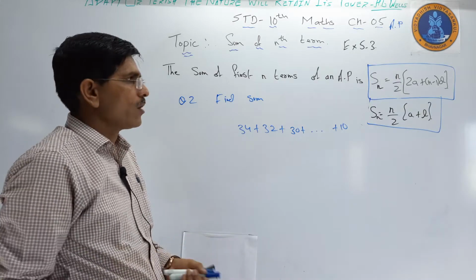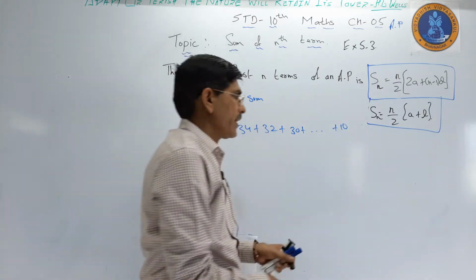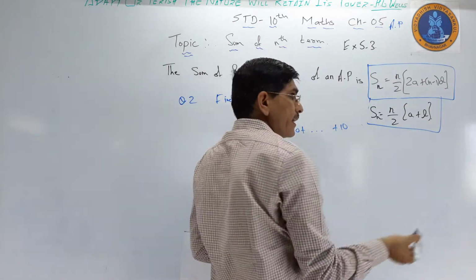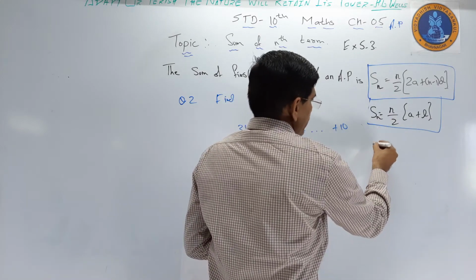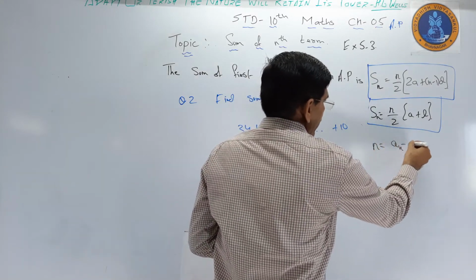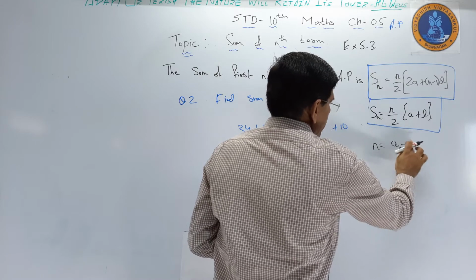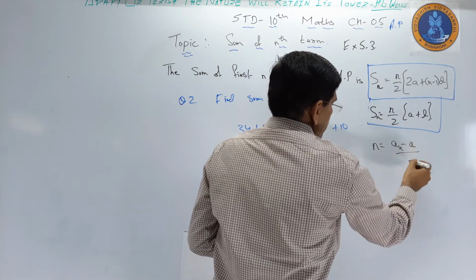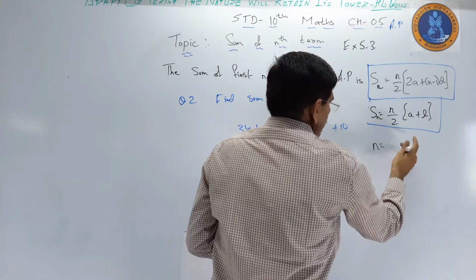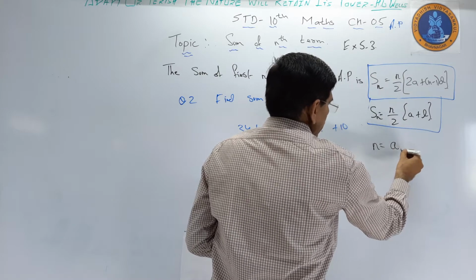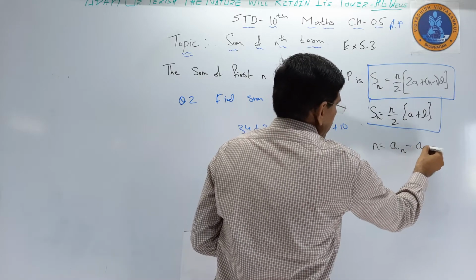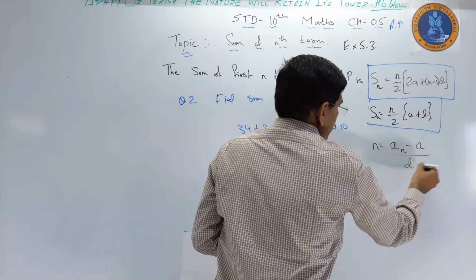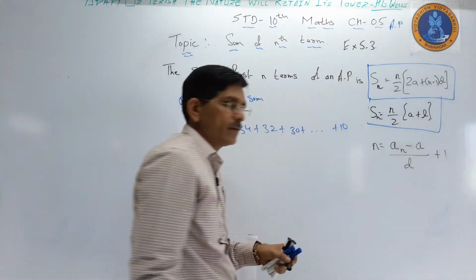Now, when n is not given, we first have to find n by formula 5.2, that is n is equal to (a_n minus a) divided by d, plus 1.